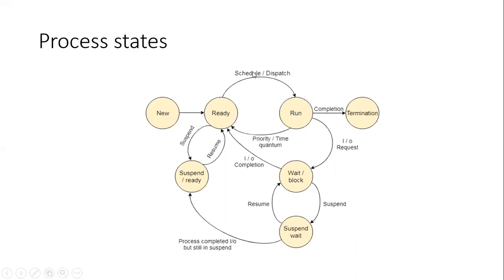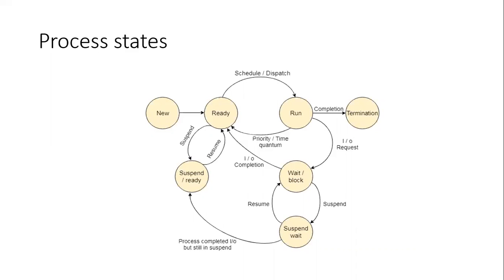Okay, so a state diagram consists of various states with transitions between states. Okay, a state diagram is used by a process manager to determine the type of service to provide to the process.